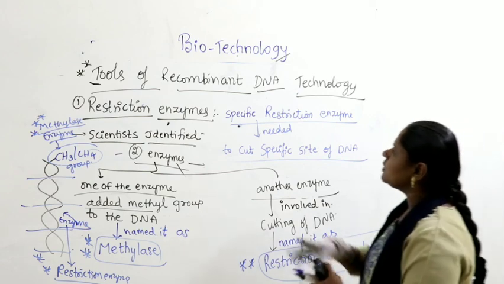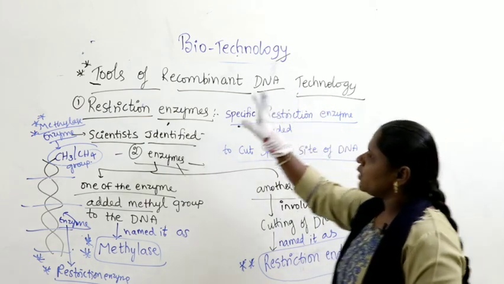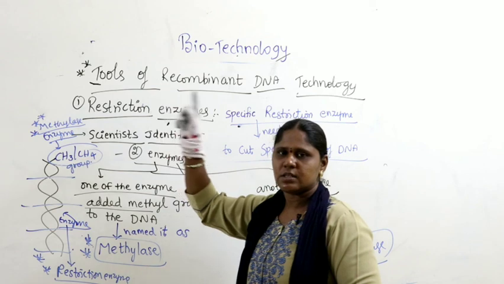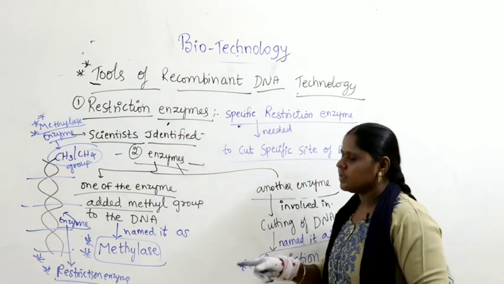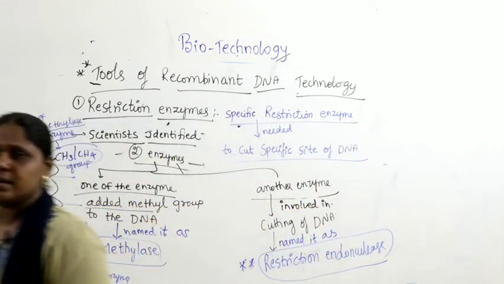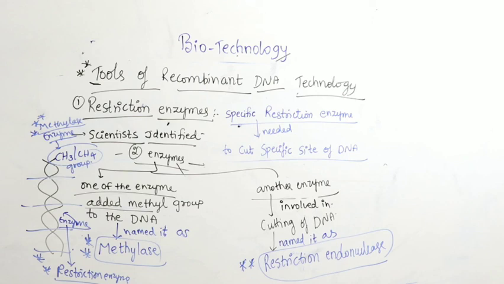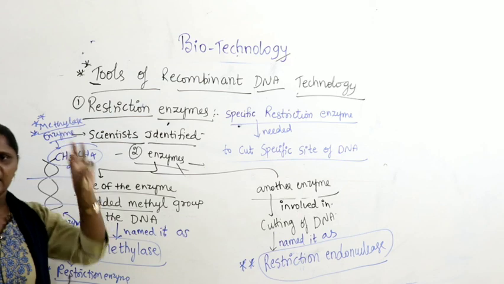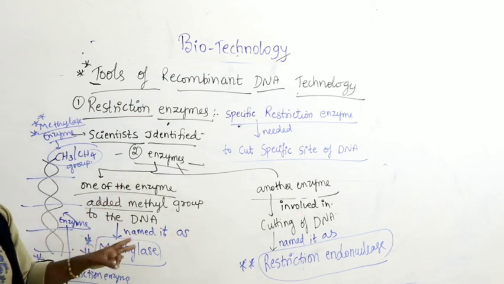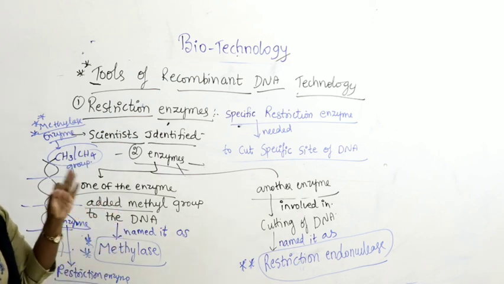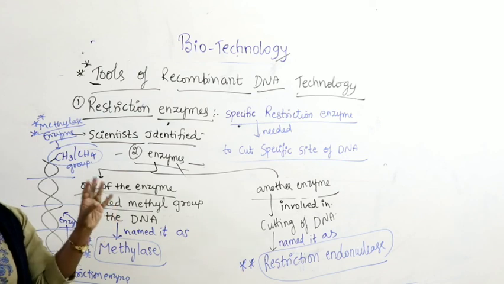When we take the tools of recombinant DNA technology, the first important requirement is restriction enzymes. Along with them, the other enzymes needed are DNA ligase and DNA polymerase, and these are three important enzymes, then vector and host.